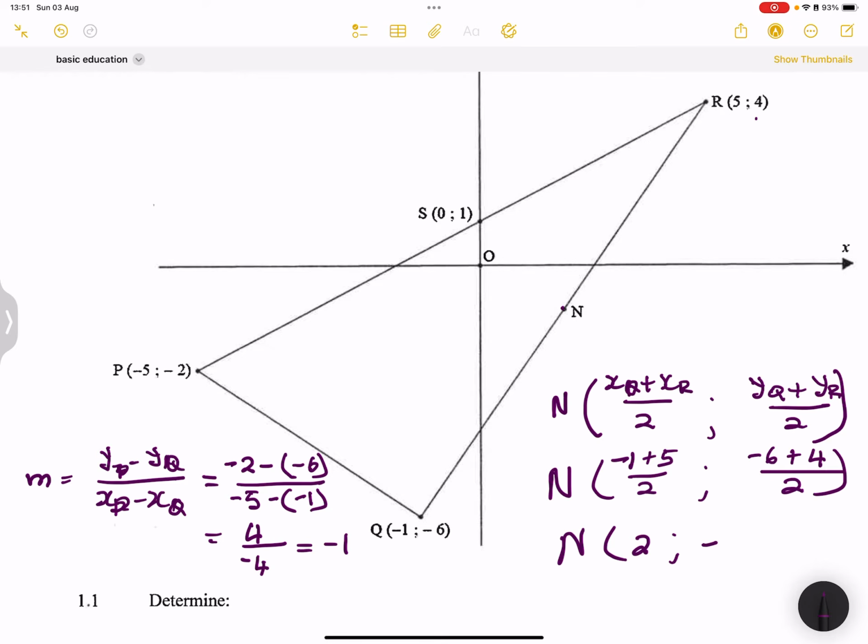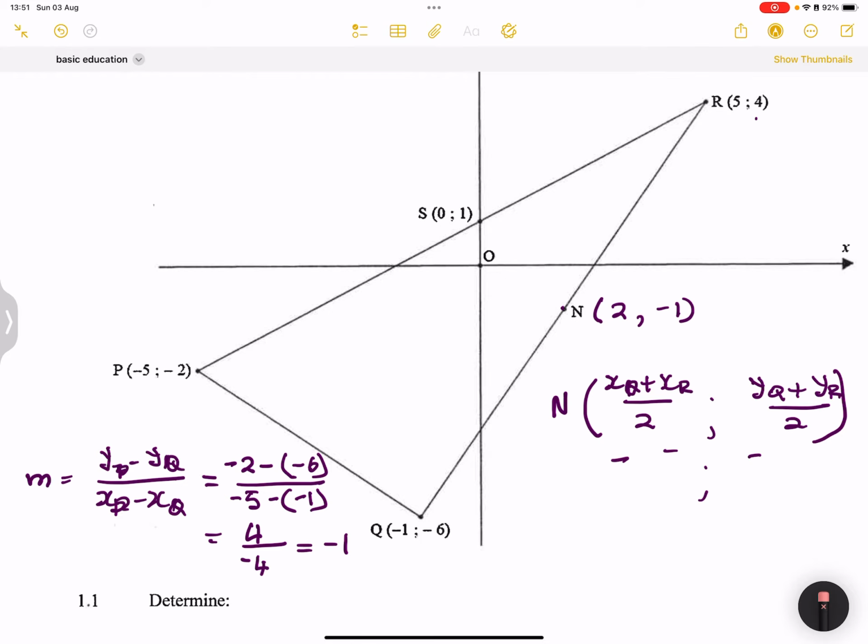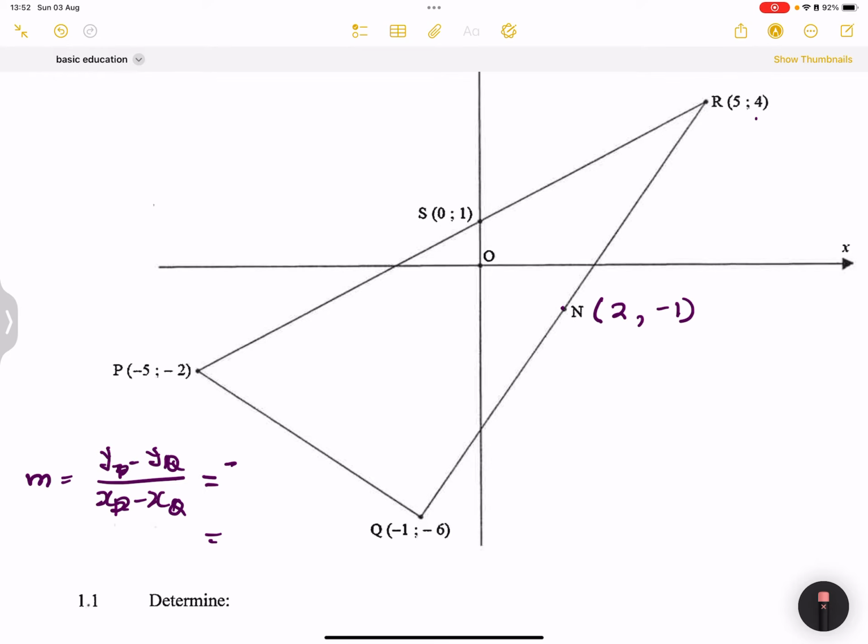So N should have the coordinates 2 and negative 1. It is in the fourth quadrant, so it does make sense for x to be positive as well as y to be negative. Right, now I'm just going to remove these. Of course, you've already seen me calculate. Let's go on to the next one.